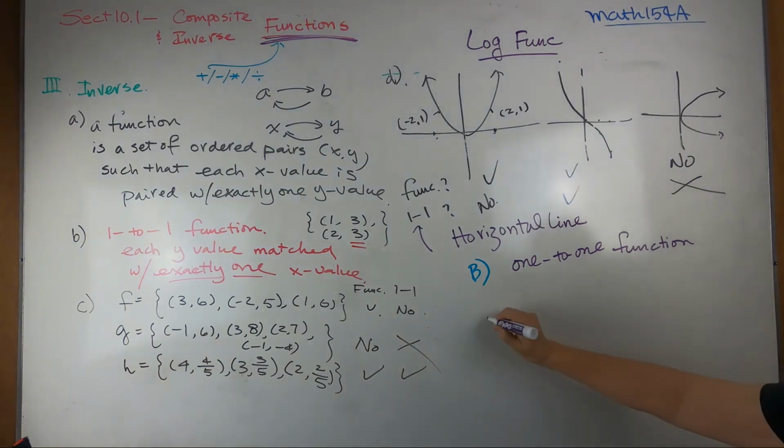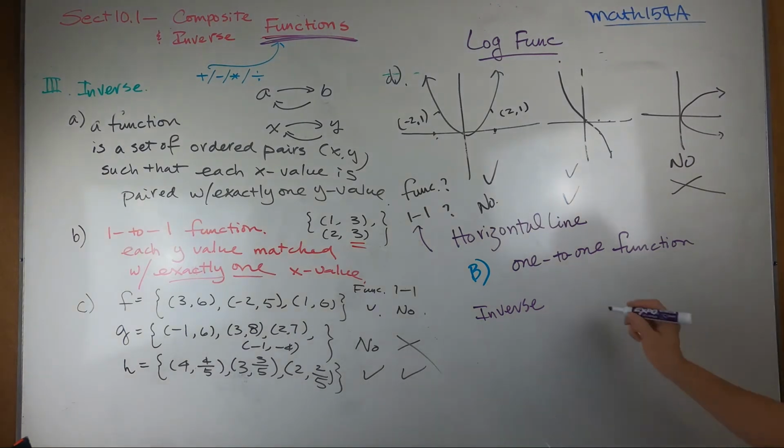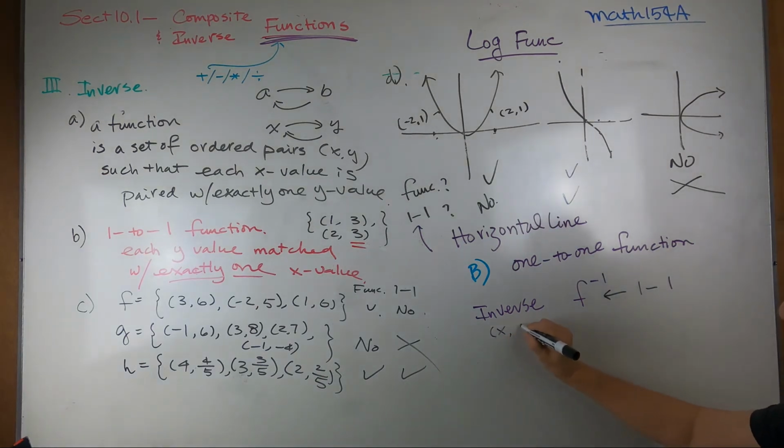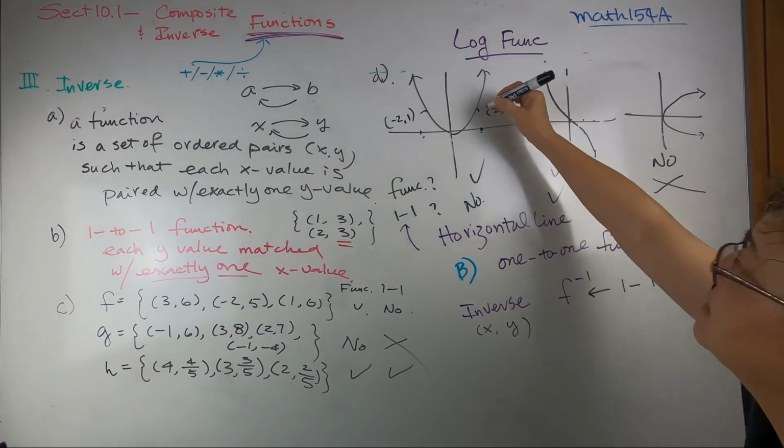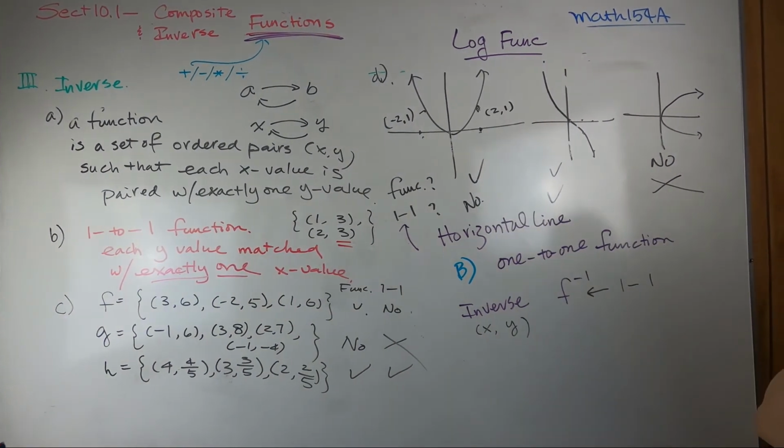Then for the inverse function, we want to reverse back. Okay, we write this notation F inverse. It means it has to be one-to-one to be able to do the inverse. Okay, because from X to Y, from this point, right?